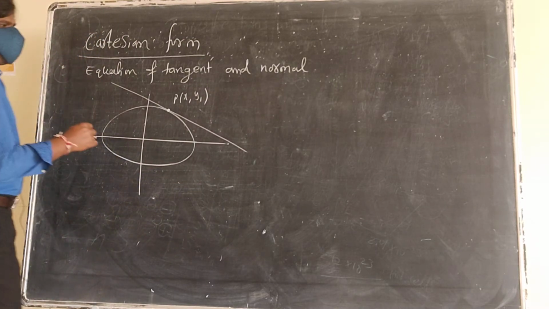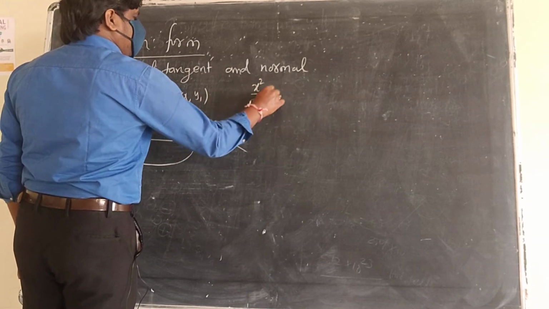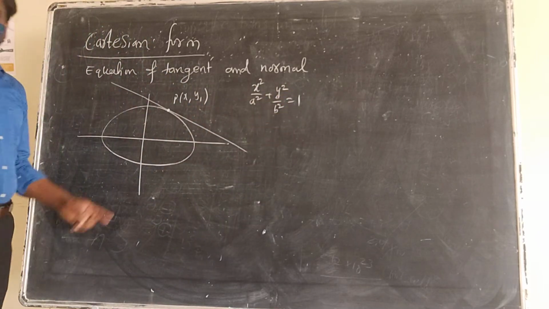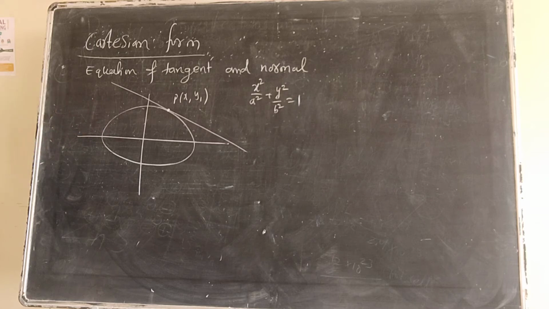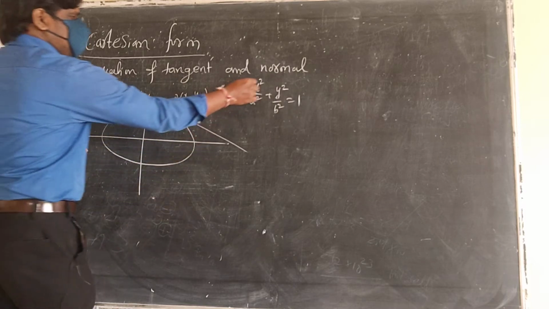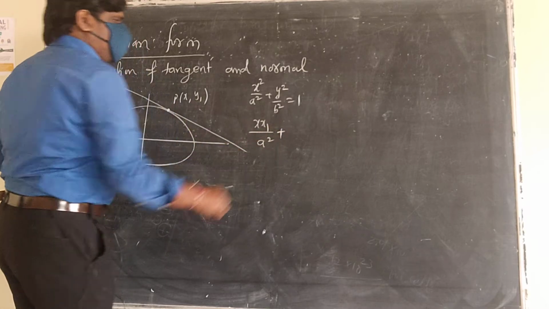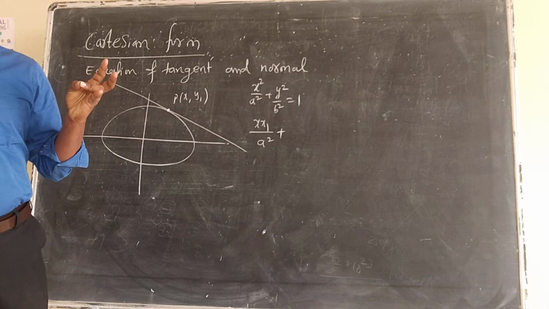The standard equation of the ellipse is x²/a² + y²/b² = 1. Whenever you require the equation of the tangent at a particular point, as I already informed in the parabola and circles, we replace x² as x x1 and y² as y y1. Circle also I explained, parabola I explained.